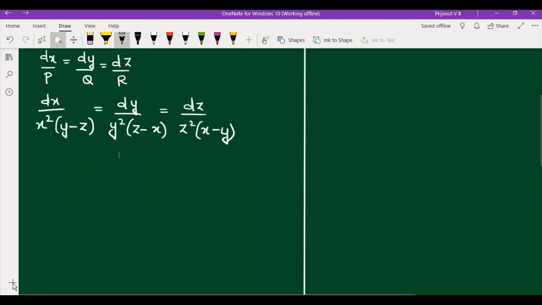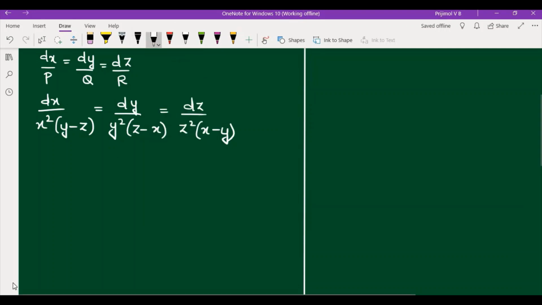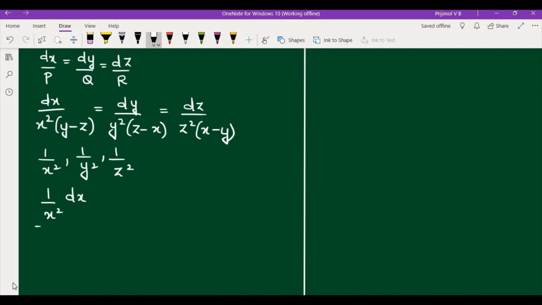Okay, so that is the reason we are going to select 1 by x square, 1 by y square and 1 by z square as the multipliers. Now if you are selecting, I told you, you have to multiply 1 by x square to the numerator and denominator of the first ratio into x square into y minus z.